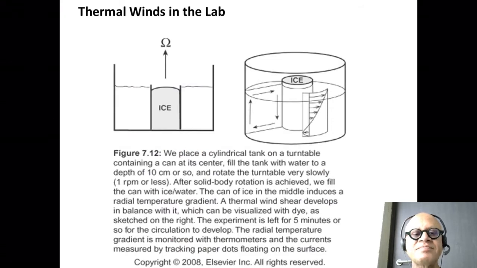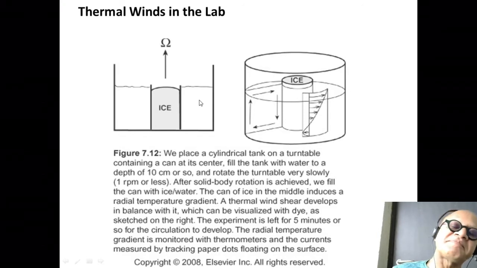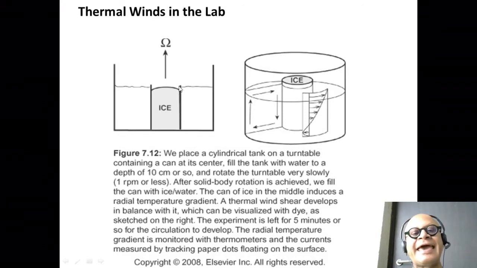In the lab, basically they create a setup like this. There is water filled tank with a can in the middle, with the edge of the can extending a little bit above the surface of the water.